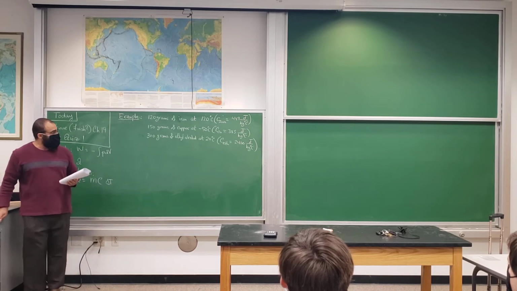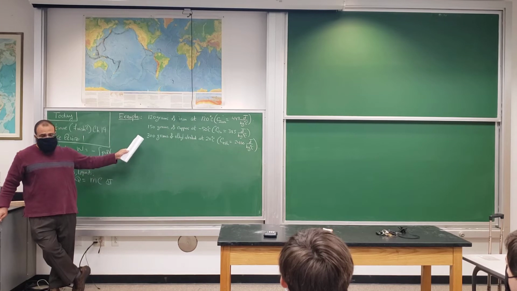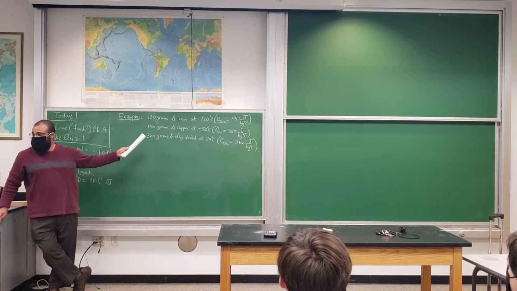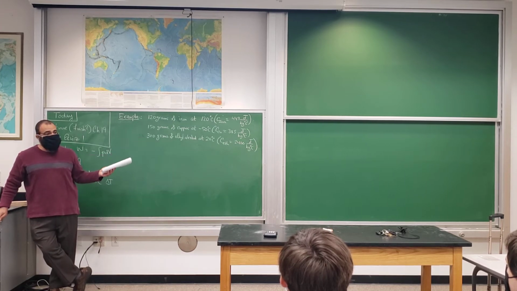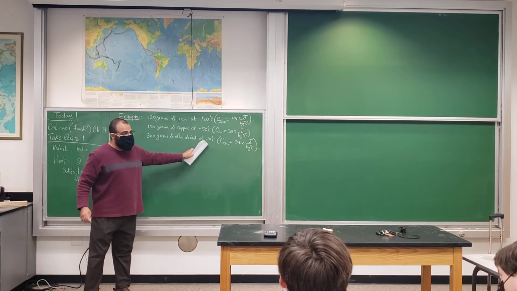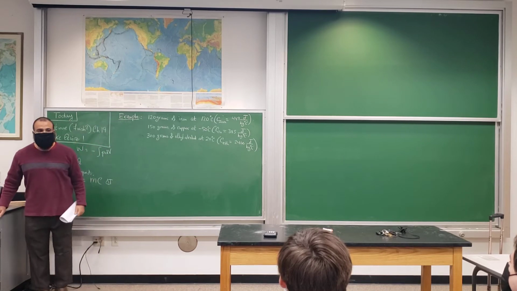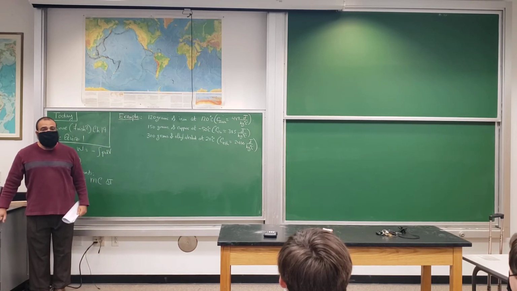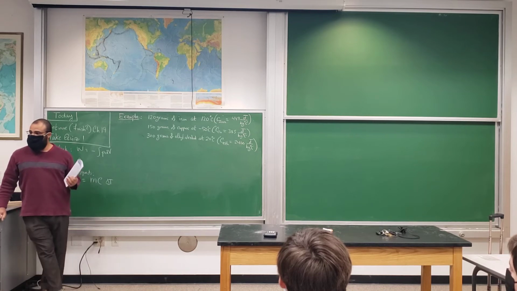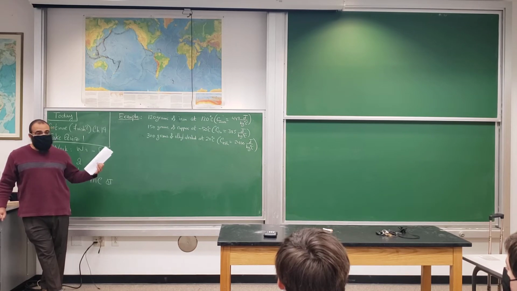Now, there are three possibilities. One, maybe the final temperature would be less than 78, somewhere between 20 and 78. It's not going to boil, and that's fine. The other possibility is the final temperature might be above 78, in which case the alcohol boils.